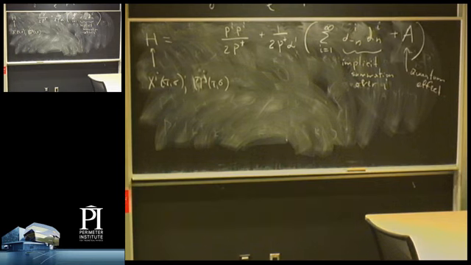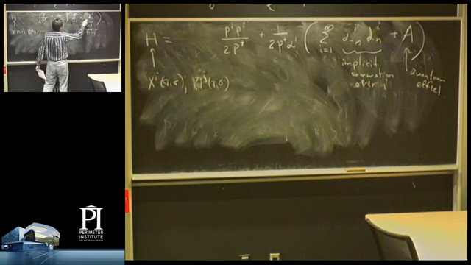Now, once we do our canonical quantization, we actually have to be careful. The p's commute between themselves, but the alphas do not commute. They satisfy a simple harmonic oscillator algebra, so the order here matters.